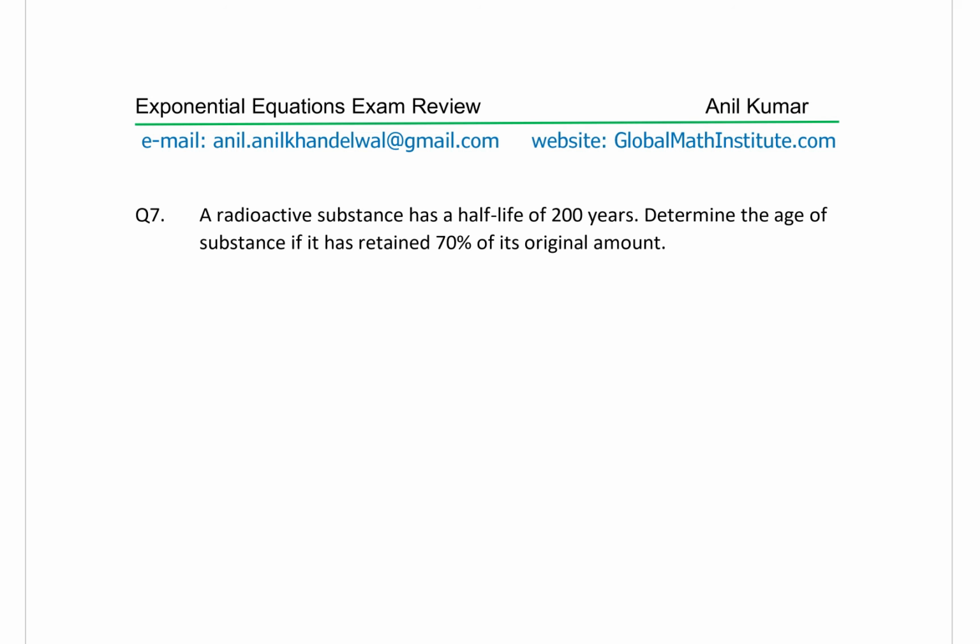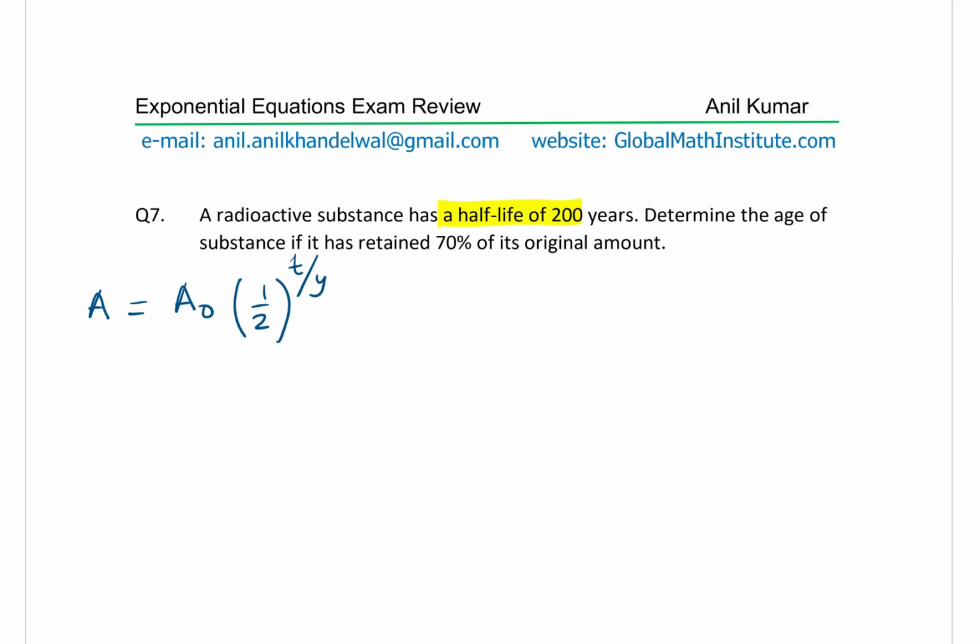So let's review the concepts learned about writing the equation of a half-life, right? So you could write an equation saying that the amount left A will be equal to what? They're saying 70%, so it is out of the original amount. And whenever you're given half-life, the formula will be half to the power of time period over half-life.